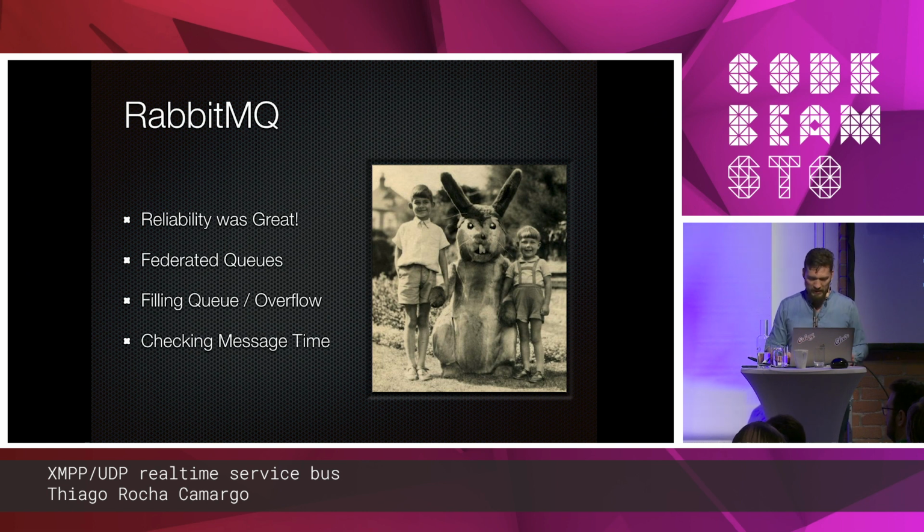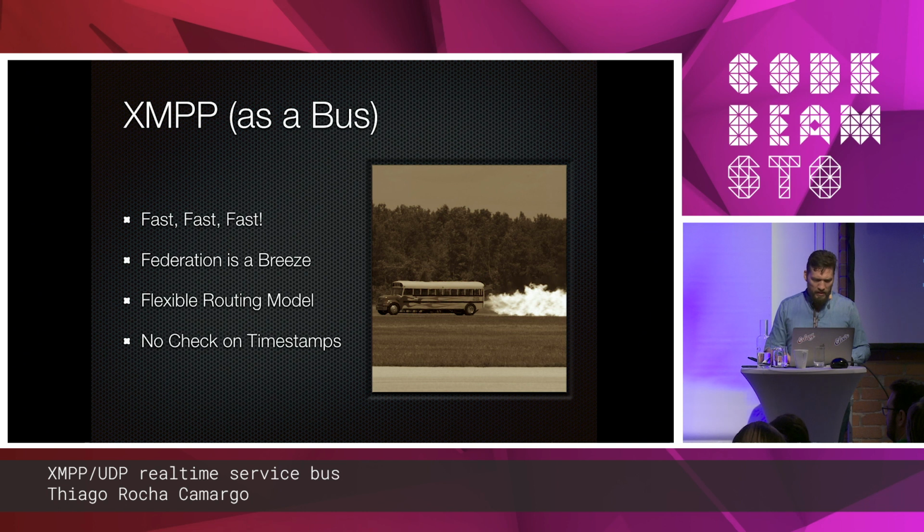So it's a big gap there. So we thought, okay, why not use XMPP as a bus? We were already using XMPP to connect the clients, even WebSockets, it doesn't really matter, but we were already using it. Our clients had to communicate with our XMPP components anyway. So let's use XMPP as a bus. It turns out to be really, really fast.